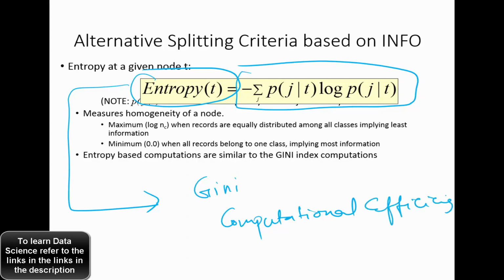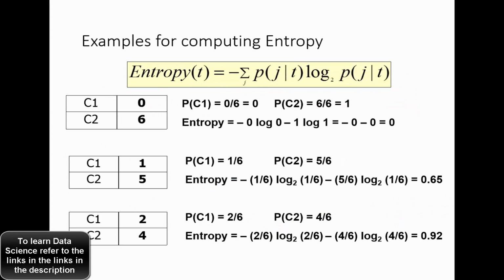So entropy is just another improvisation from Gini, where the computational power has now improved a bit, depending on the case, of course. Entropy is just another way of finding out the criteria. The computation is very similar to what we have seen, except that the formula has changed now. You can see the formula was different. We were subtracting from 1, but it's now changed. Otherwise, the calculation is pretty much the same.